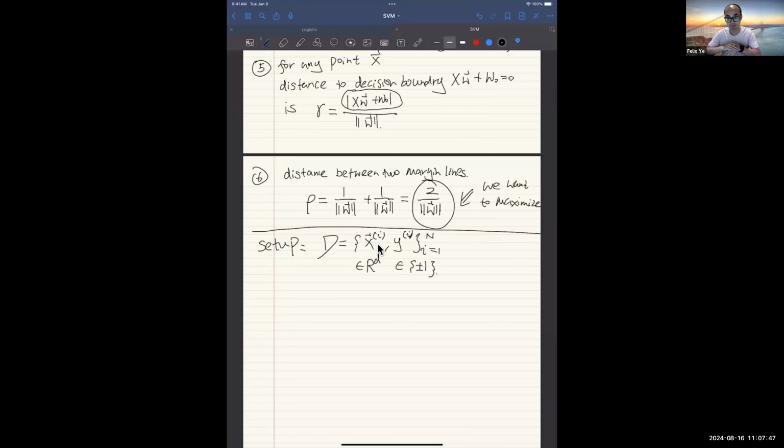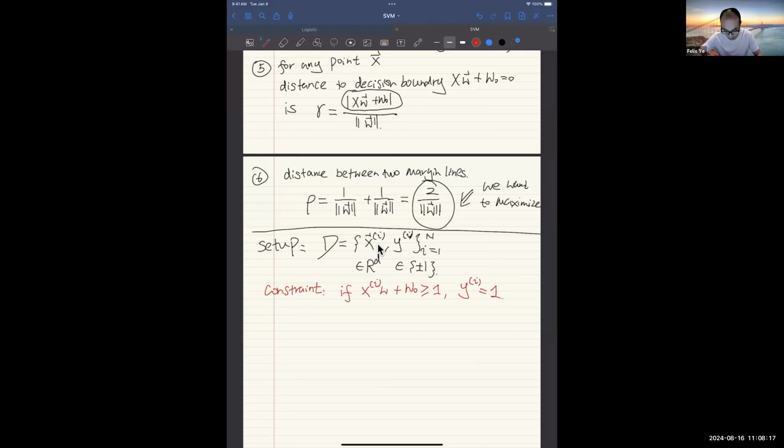So the key here is for some constraint: I want to find a w such that if x_i w + w0 is bigger or equal than 1, then everything here will be classified as +1.